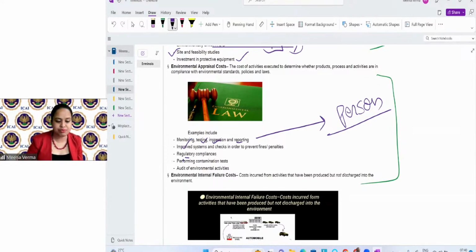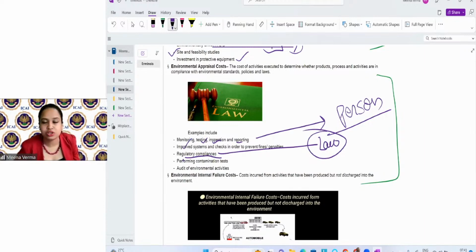The company will have to comply with the law. Why are we auditing and checking? Because it is the requirement of the law. The law has been made in such a way that you should keep auditing and inspecting the organization to make sure you are not releasing any waste in the environment.